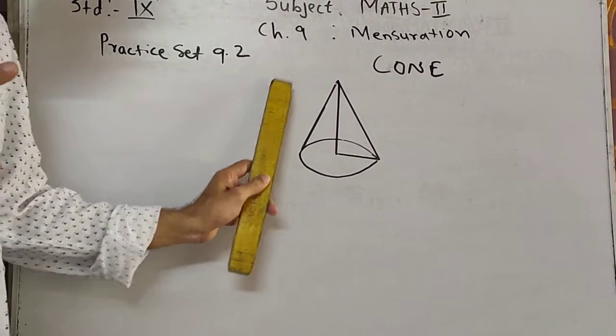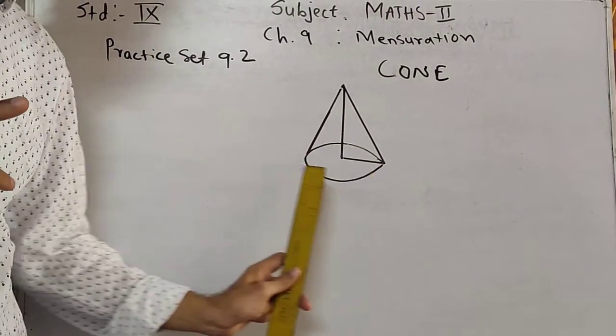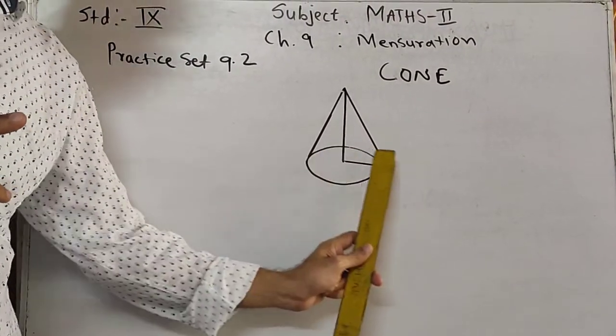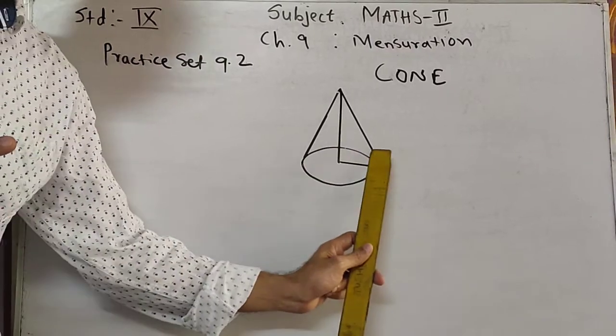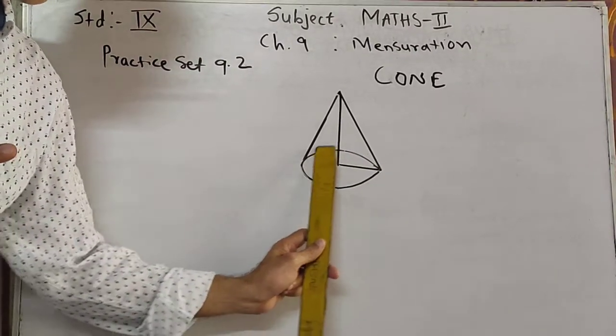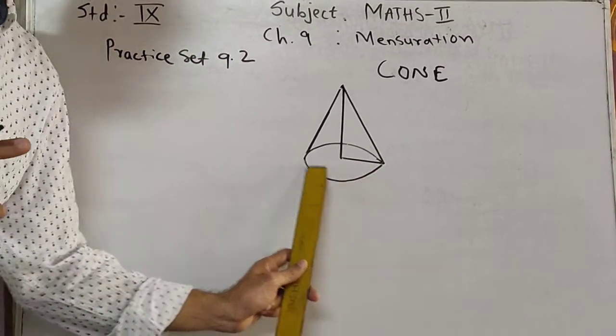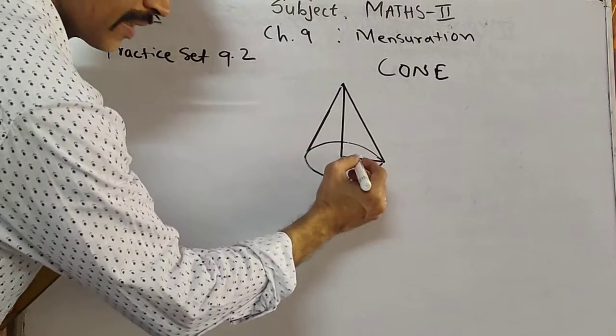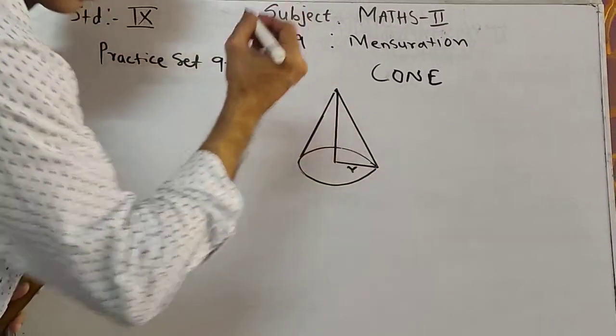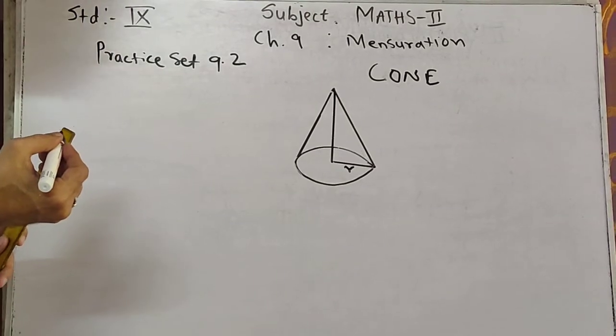So here you can see in this geometrical figure, cone, the base is a circle. You can see the base of a cone. So the base of a cone is in the shape of a circle. A circle has a radius, you know very well. This is the r of the circle, radius of the circle.